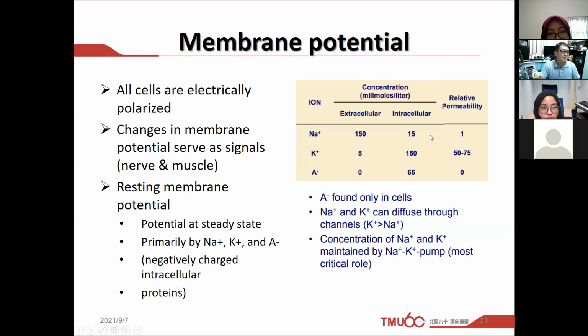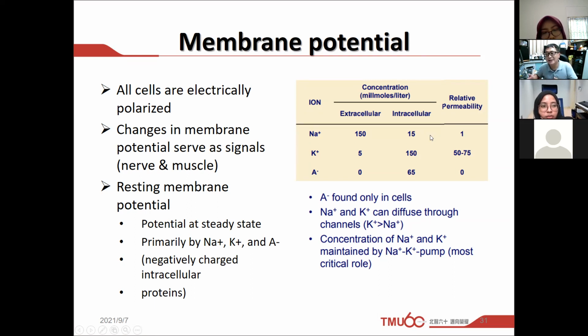Okay, but the environment will change because metabolized product will change. So pH will change, but the cell needs to maintain the ion concentration in a certain range, right? So they need some pump, ion pump, protein or channel to balance this environment, okay?